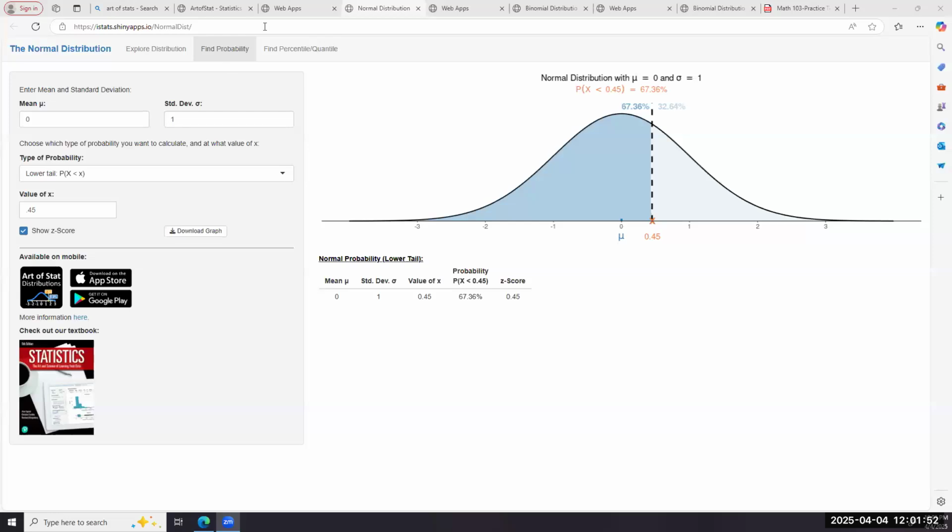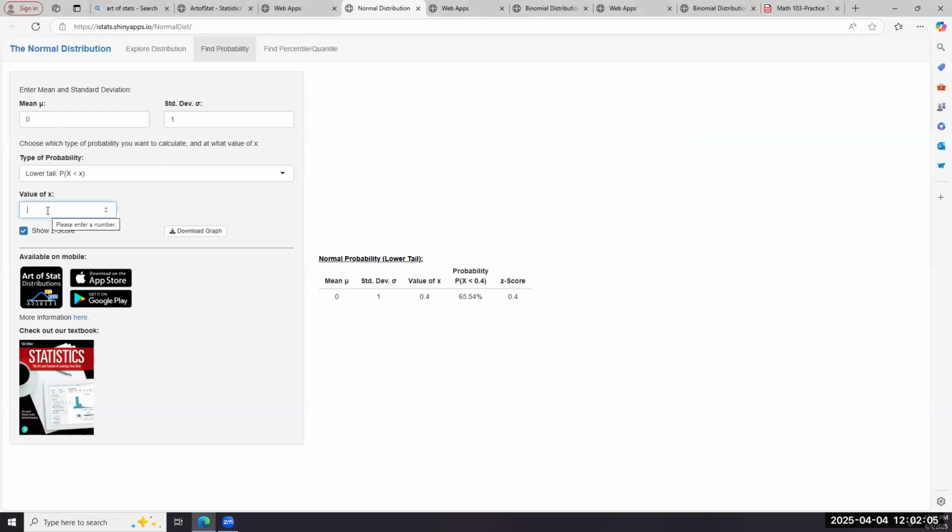In this case, finding the probability again. Find the probability. This is 0, 1. So the value for the x is different now. Change this one. It's a negative number, so it's going to be negative 1.22. Okay, negative, sorry. That is negative 1.22.